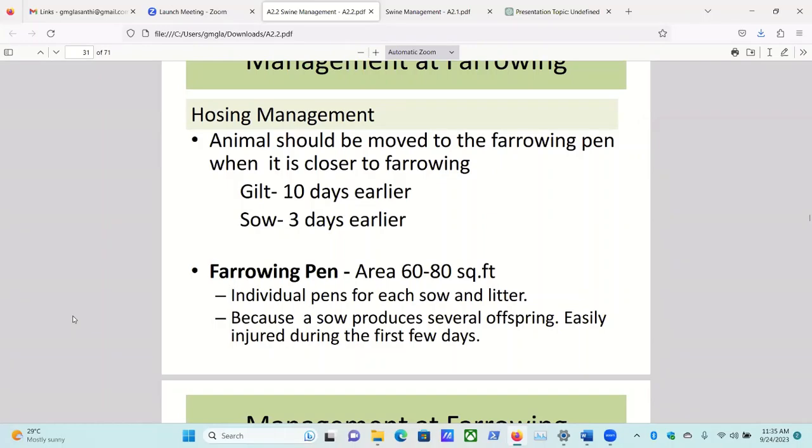Normally gilts should be moved 10 days before farrowing. Sows should be moved 3 days earlier.